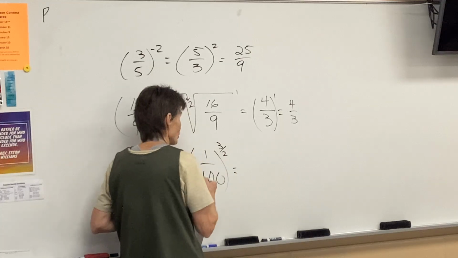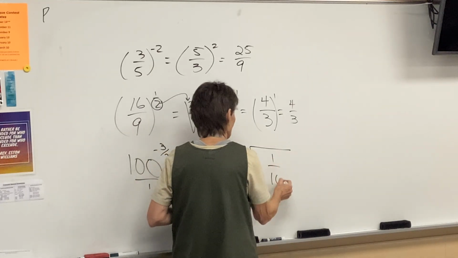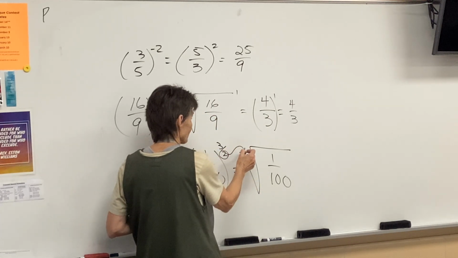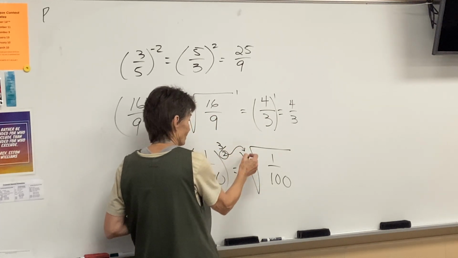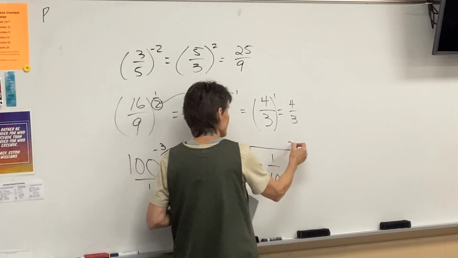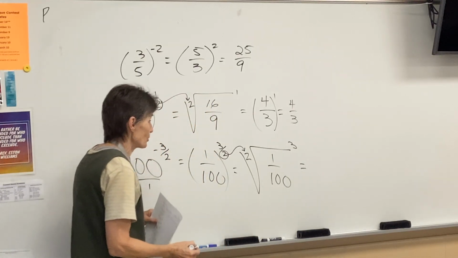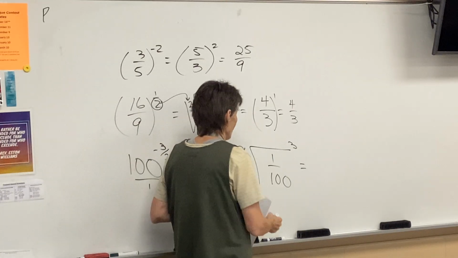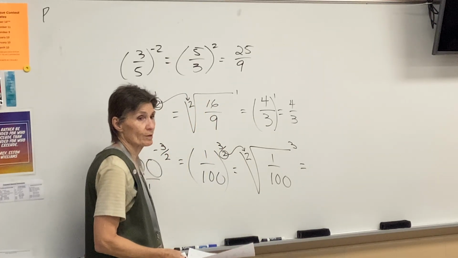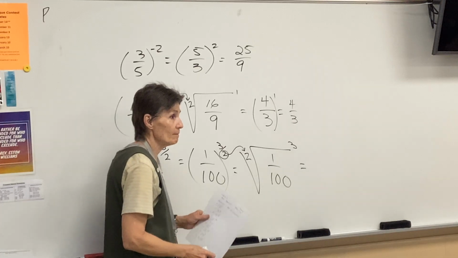Okay, well, it's a fraction, so I'll do a radical. Under the radical will be 1/100. Which root am I taking? 2. Square root, yep, second root, square root. But this time I gotta cube my answer. So I'll start with the square root. What is the square root of 1/100? 1/10.